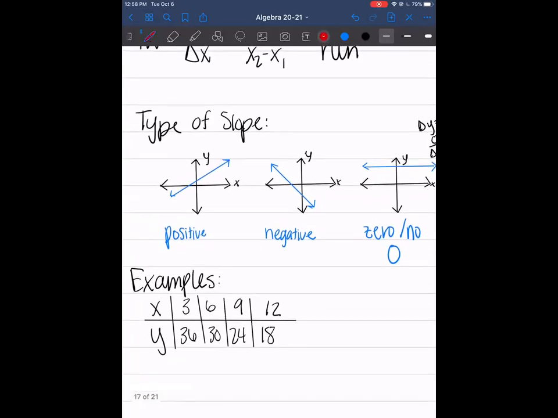Earlier, we said that this was a constant rate with -6 for each one at the bottom, and it was +3 on the top for each change.